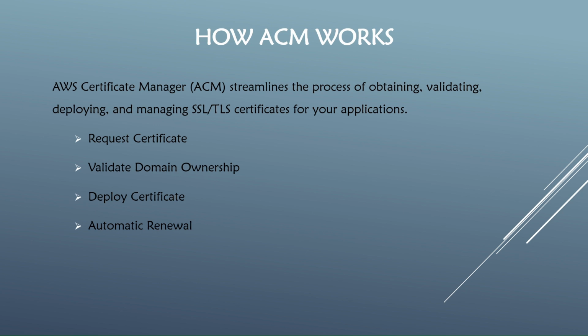When it comes to requesting certificates, here we have two types called public certificates and private certificates. Public certificates are provided free by ACM and used for public-facing websites and applications. Private certificates are issued through ACM Private Certificate Authority for internal applications and services.